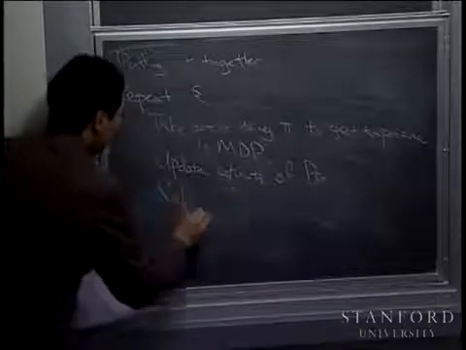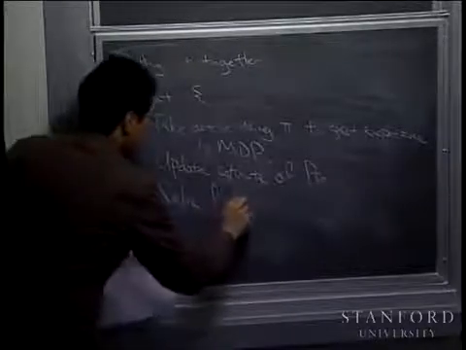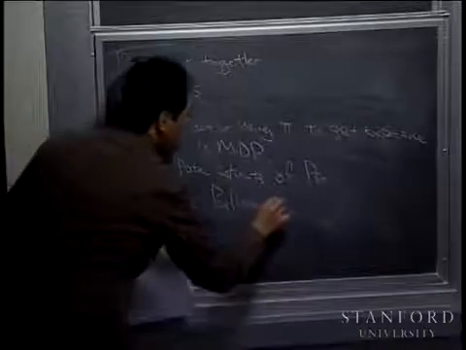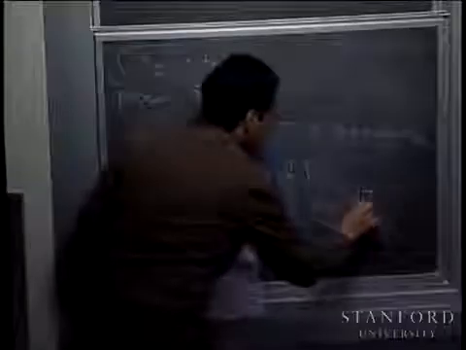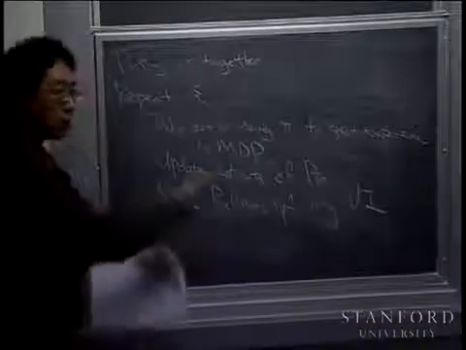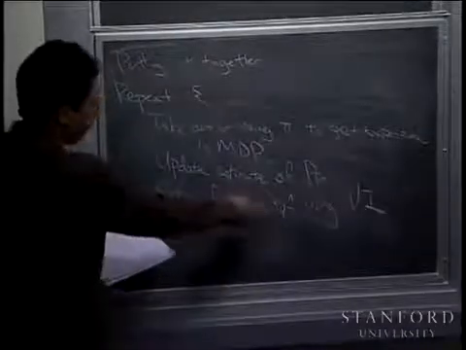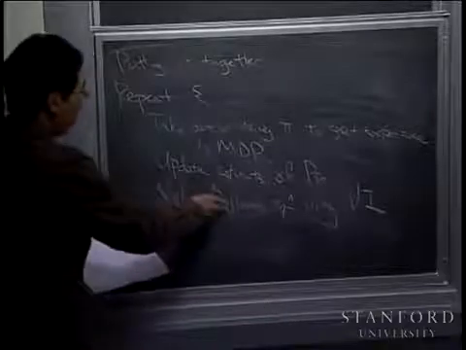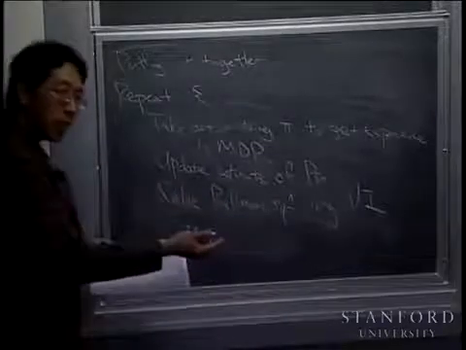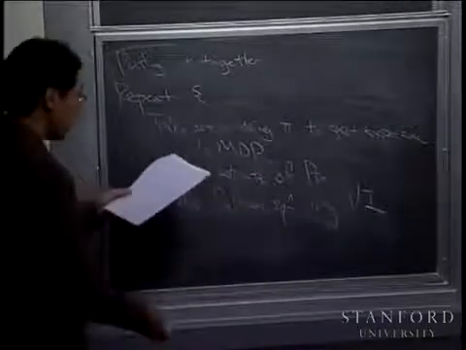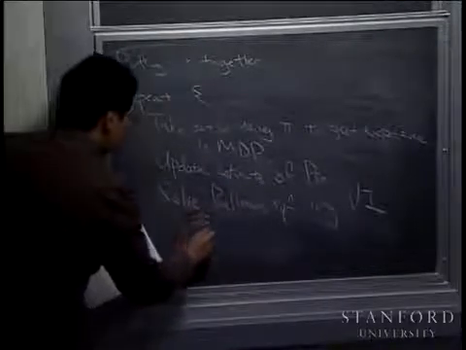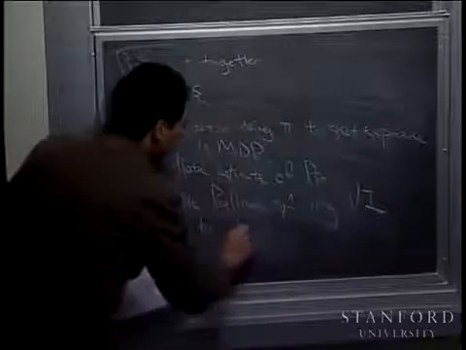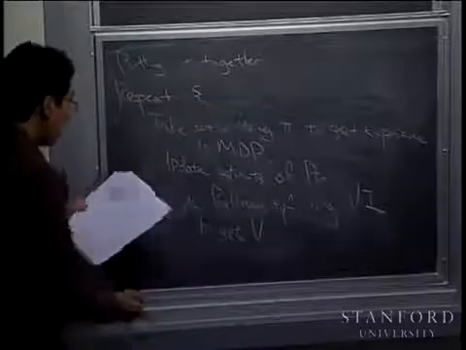Then you might solve Bellman's equations using value iteration, say, which I'm abbreviating to VI. And by Bellman's equations, I mean Bellman's equations for V star, not for V pi. And solve Bellman's equations using value iteration to get an estimate for V star.